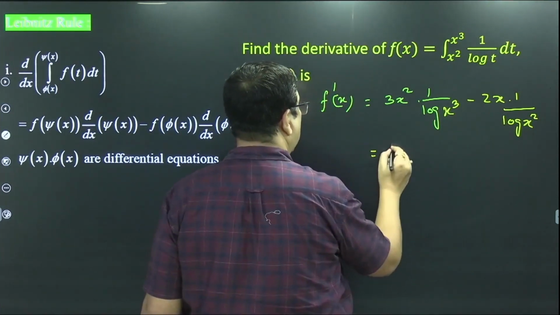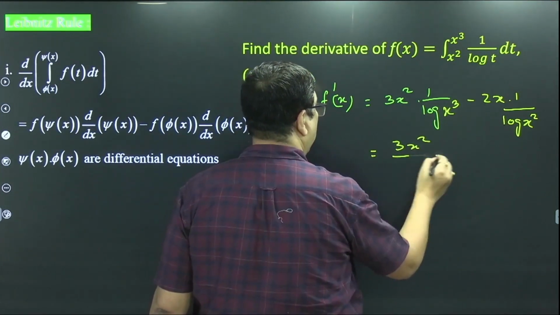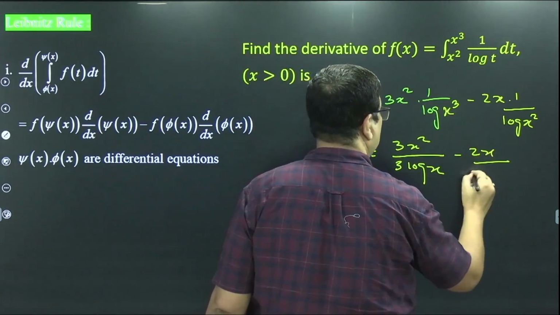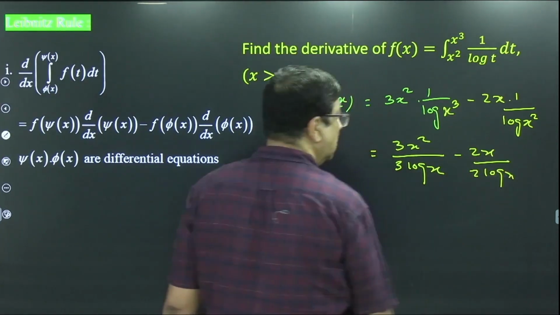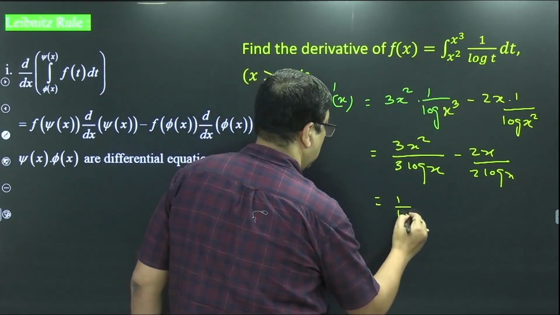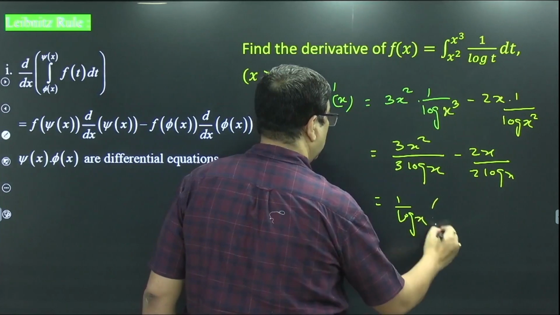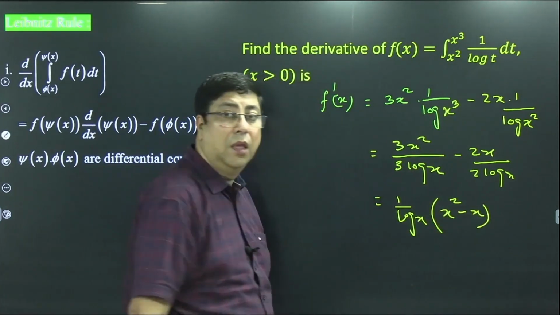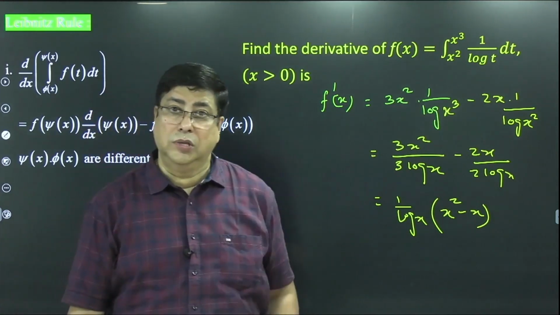Now finally we get 3x square by 3 log x minus 2x by 2 log x. So the 3 cancels, and if we take log x common, we get x square minus x upon log x. This is the application of the Leibniz theorem.